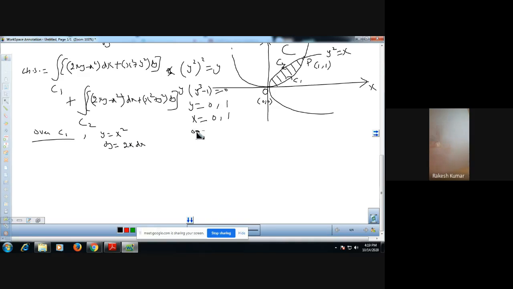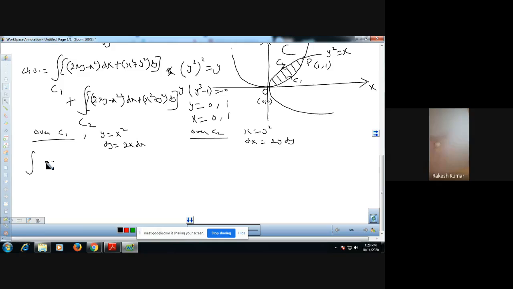And similarly over C2, your curve C2 is from P to O. Just see the figure. From P to O, this is C2. And this is the parabola x equal to y square. Then dx should be equal to 2y dy. Now let us find the integral over C1. You will substitute the value of y equal to x square.